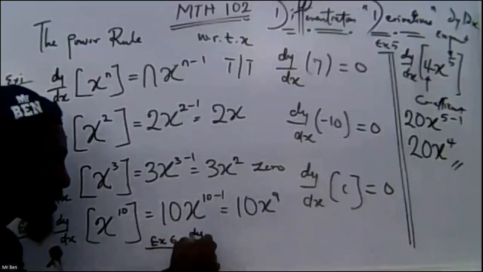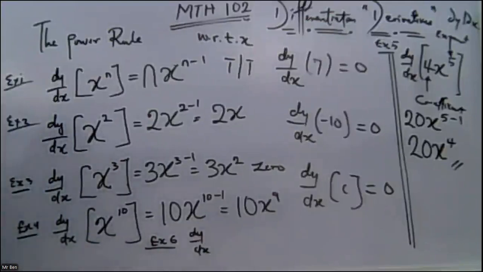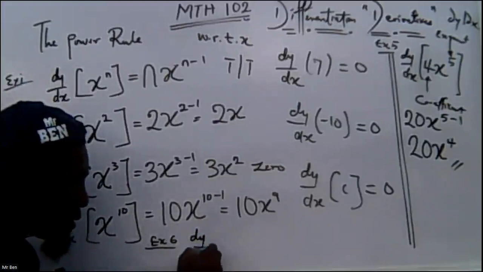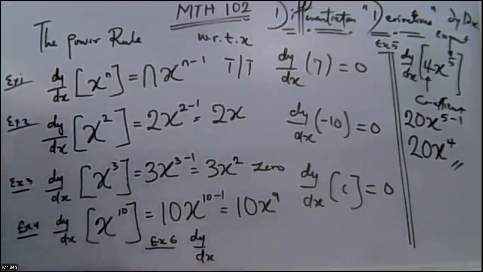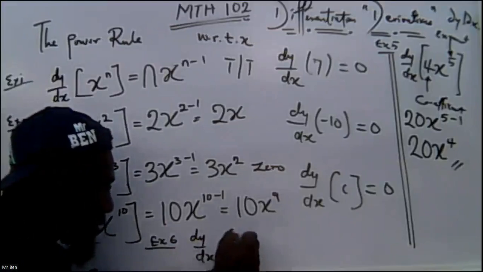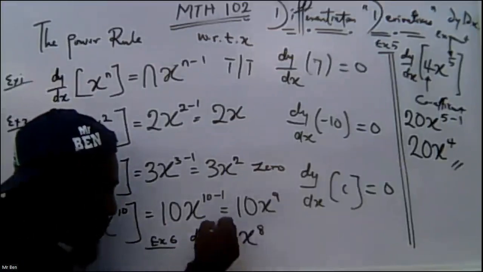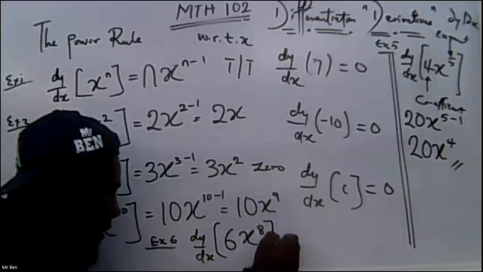Find dy dx of 6x raised to power 8. Differentiate this.